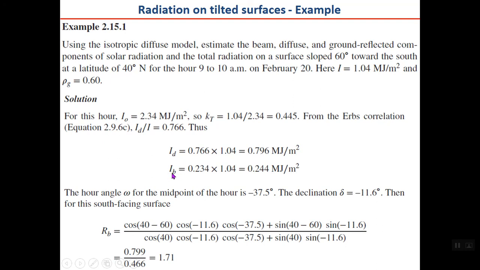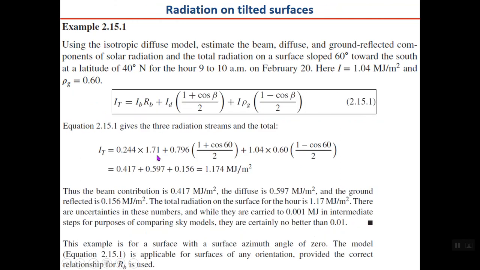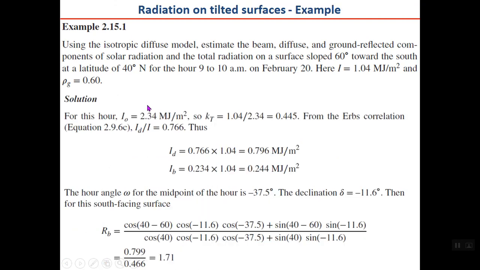But the story is not finished because you still did not calculate the total radiation on the tilted surface. In order to calculate it, you need some other values. Beta you have, rho g is given in the example as 0.6. ID and IB are calculated before. You should just calculate RB.